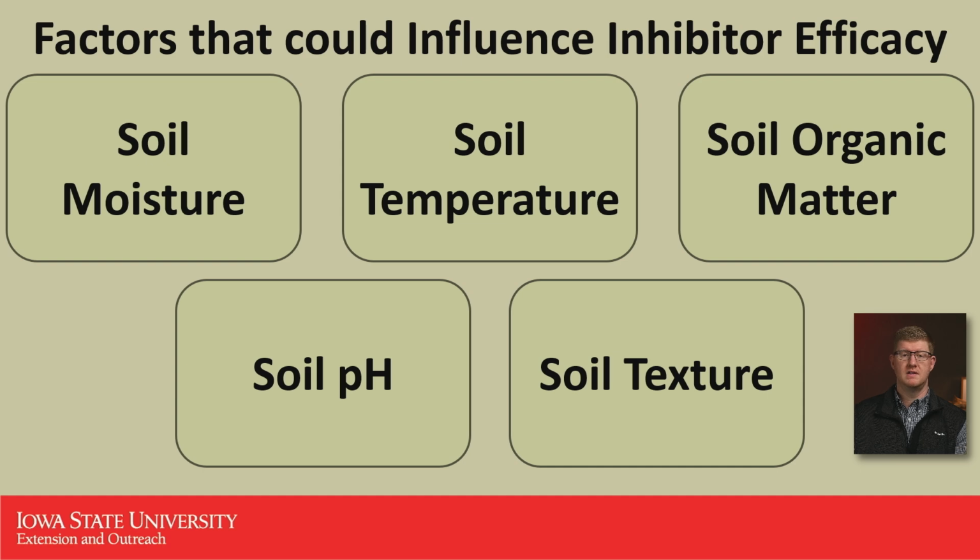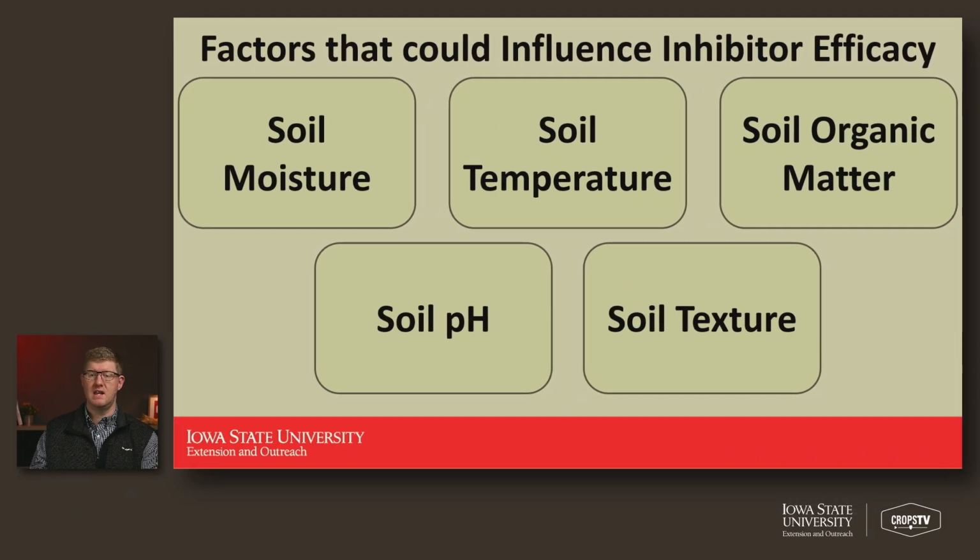So number one is soil moisture. We kind of talked about up front how soil moisture can influence nitrification. So essentially anything that can influence nitrification can also influence how well these inhibitors perform, but in different ways.